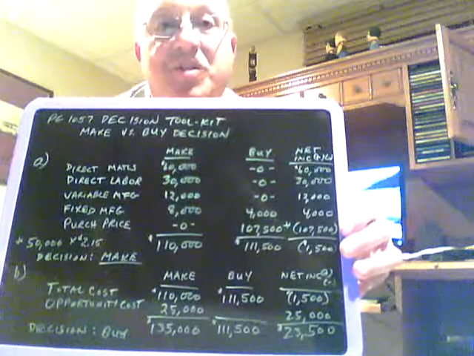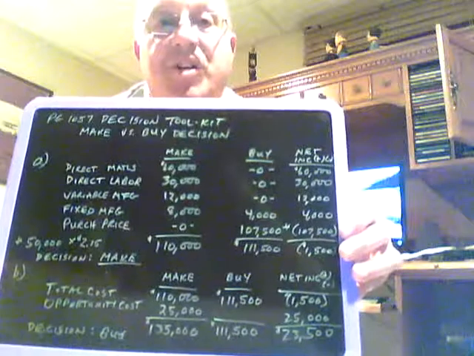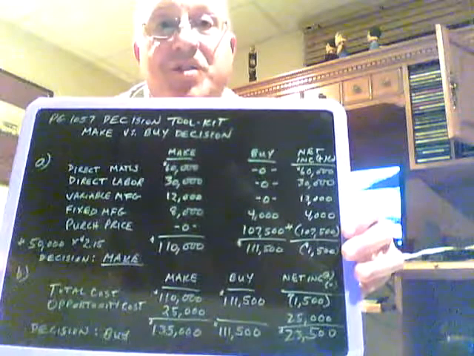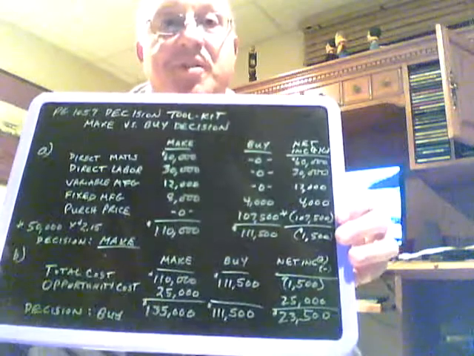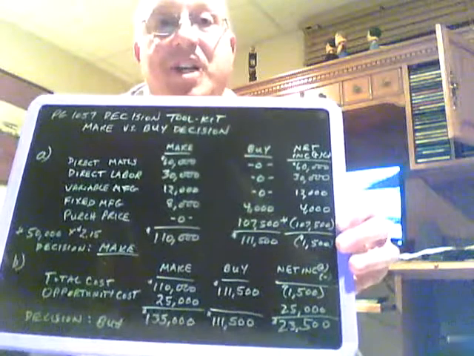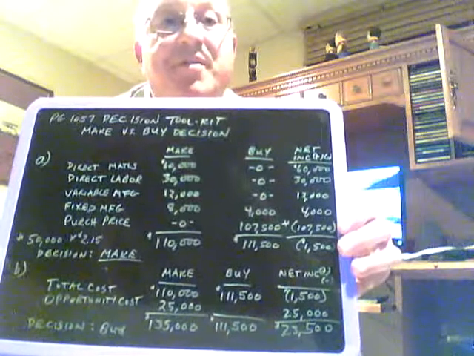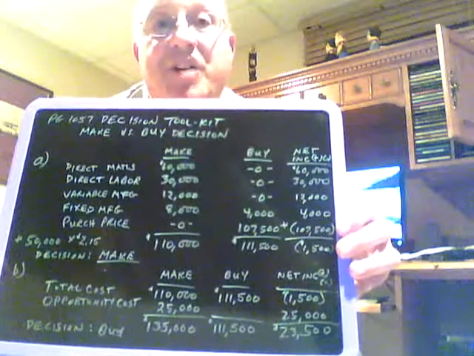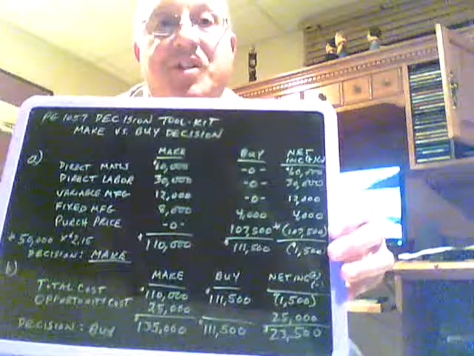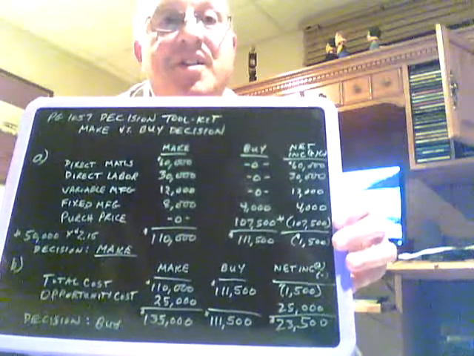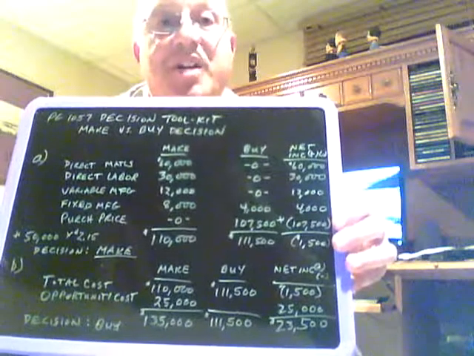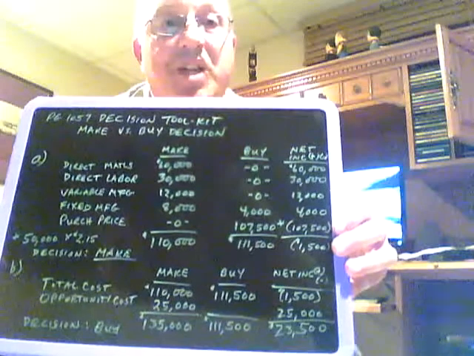And so the question is, would the relief from all those costs up above be enough to offset the cost of buying them? And the answer is no. As we get down to the bottom line, we have a net loss in the third column of $1,500, which tells us that we should not buy the item, but we should continue to make it.